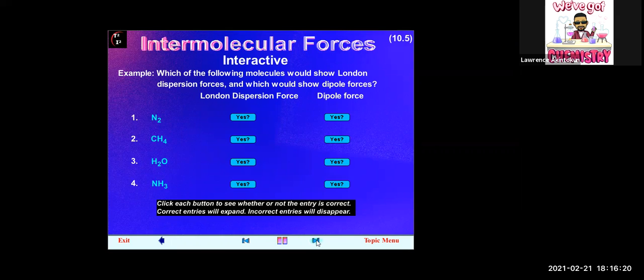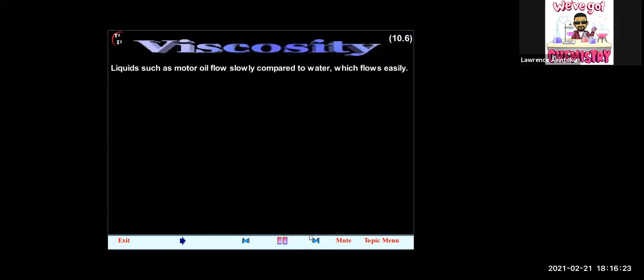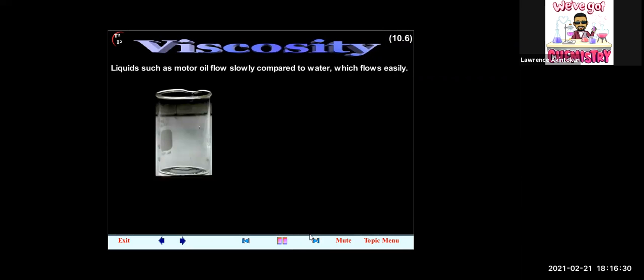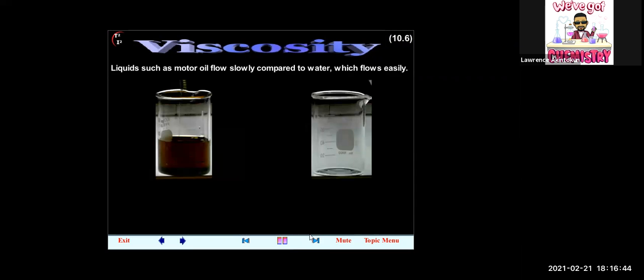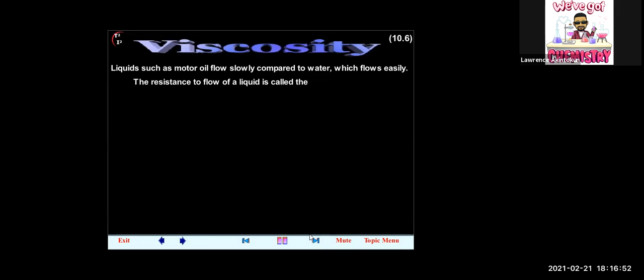All right, let's go to viscosity. Liquids, such as motor oil, flow slowly compared to water, which flows easily. The resistance to flow of a liquid is called the viscosity.